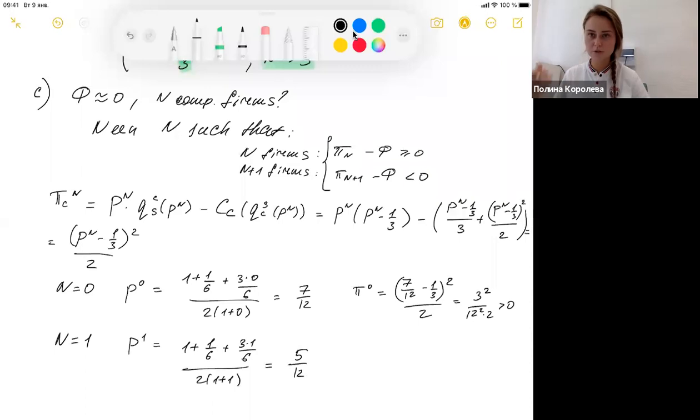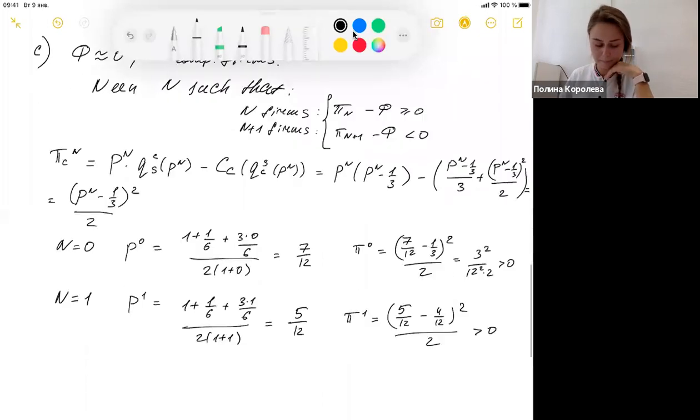You see, competition grows, price decreases. Instead of 7/12, now it is 5/12. What will be the profit if we have one competitive firm in the market? 5/12 minus 1/3, which is 4/12, squared over 2. And it is also positive.